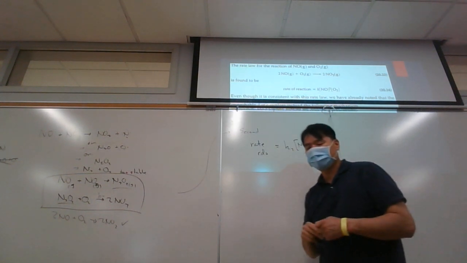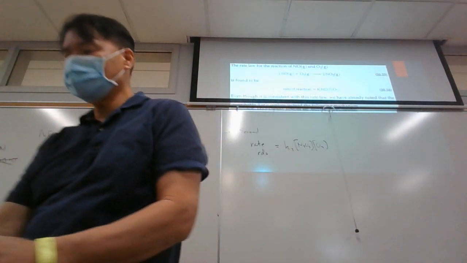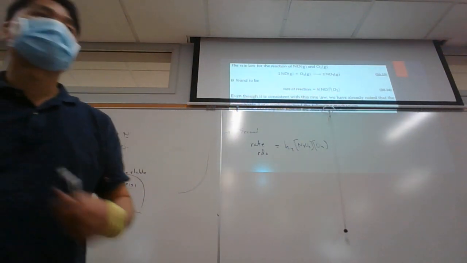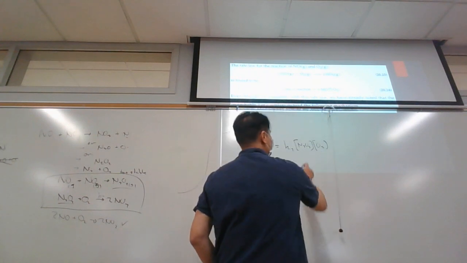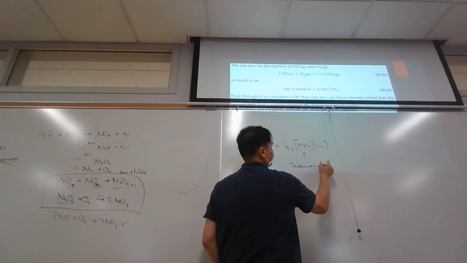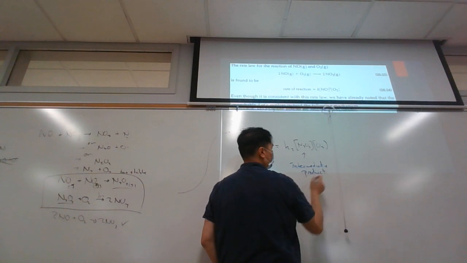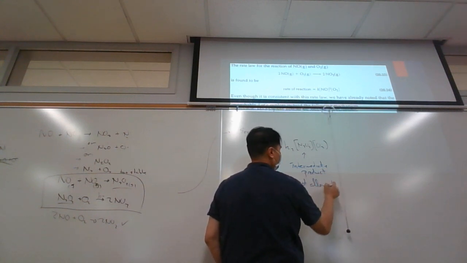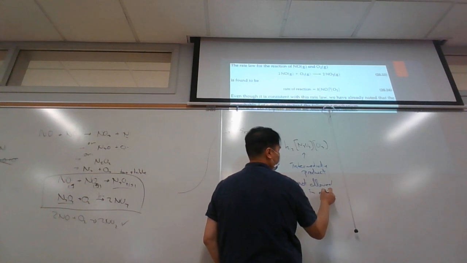But there's one thing about this second step: N2O2 is an intermediate product. And intermediate products are not allowed in the rate law.